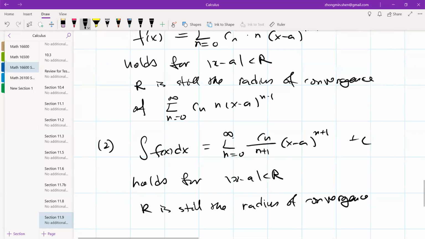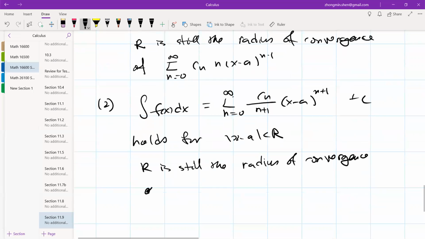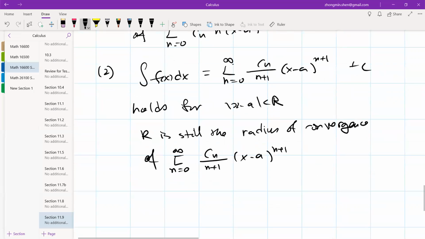So the radius of convergence of this power series is the same. Every time you divide by n plus 1, you essentially do not change the radius of convergence. So it's the same. That's good.